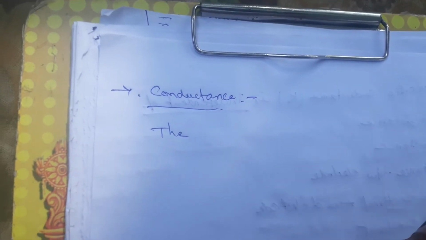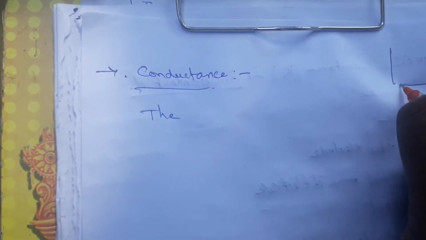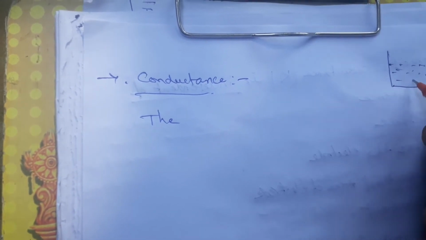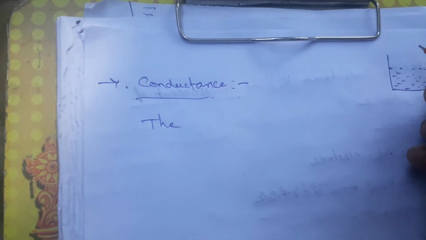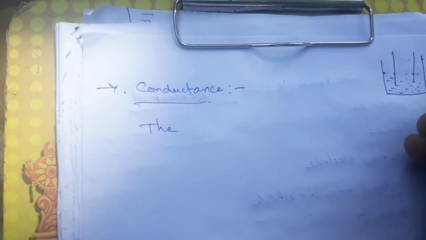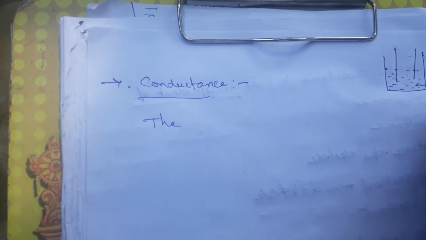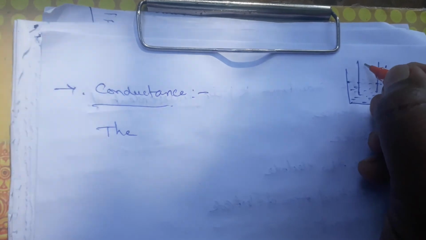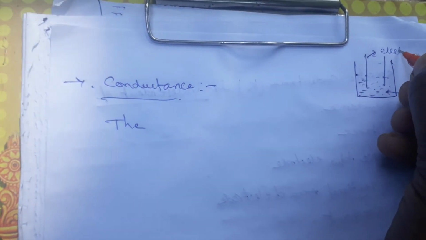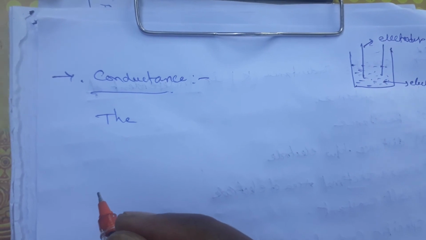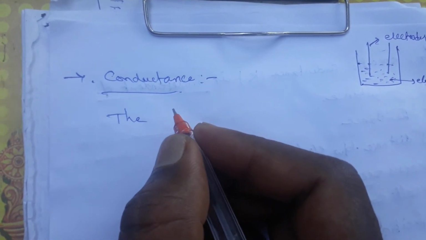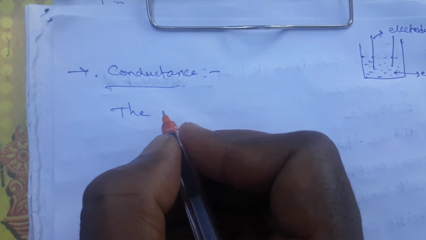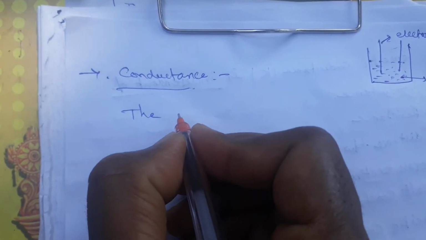First of all, you take any beaker, and in that you add any electrolyte, and there are electrodes and ions. This we call the electrolyte, and here there are electrodes present. So what is conductance? It is the conducting power of all the ions.